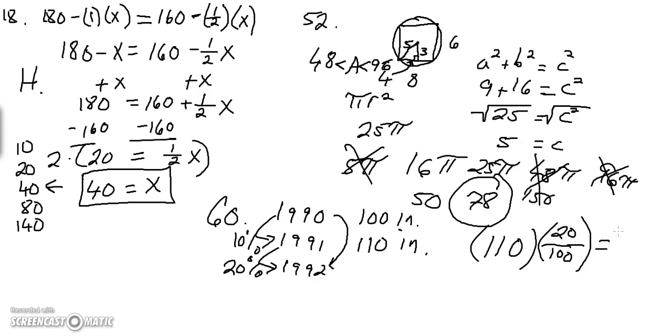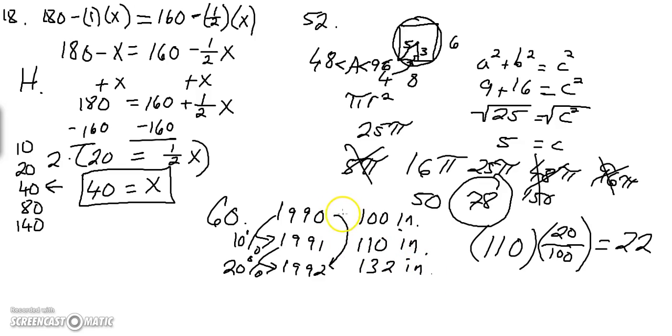This gives you an answer of 22 on your calculator. So what's the jump going to be in 1992? If it increased by 10% from 100, that's 10 inches, it moved up to 110. If it increased by 22 inches, now it's jumping from 110 to 132 inches.